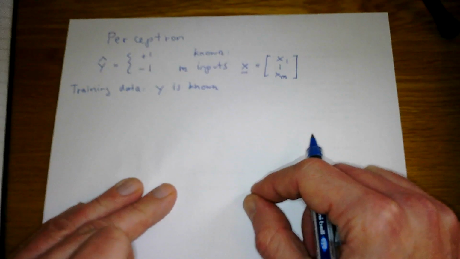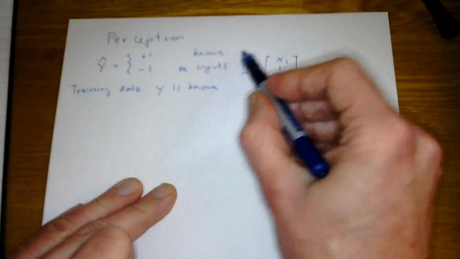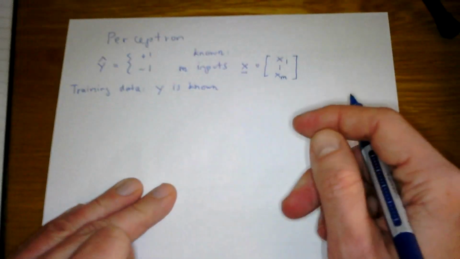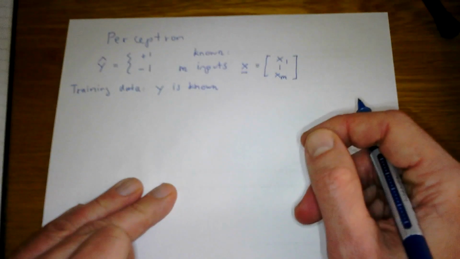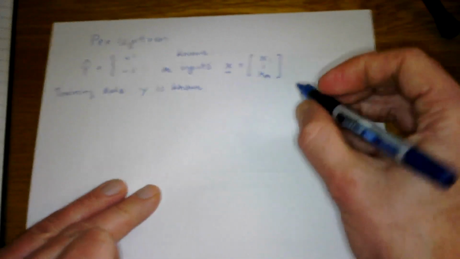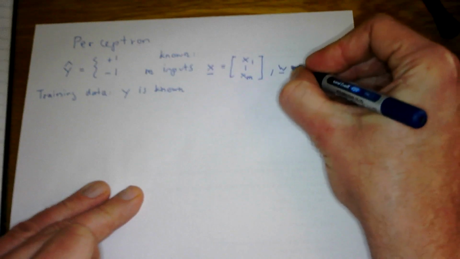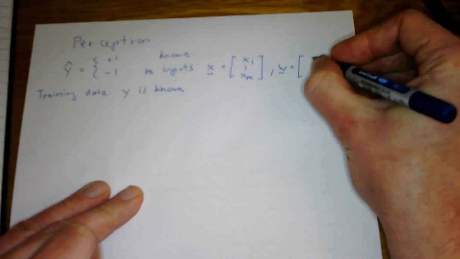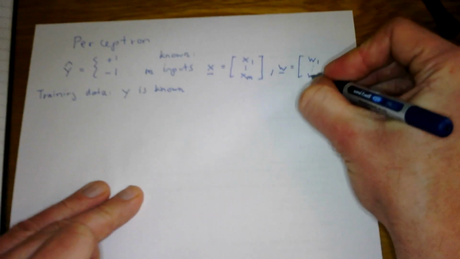Now the weights basically take my inputs and apply a particular weight to each and every input. So when it comes to the weights, it's again a vector, which I just put down next here. And this vector, again a column vector, starts with W1 and it goes all the way up to Wm.